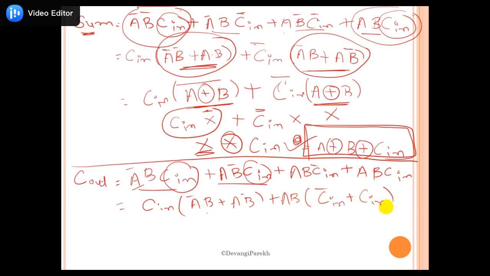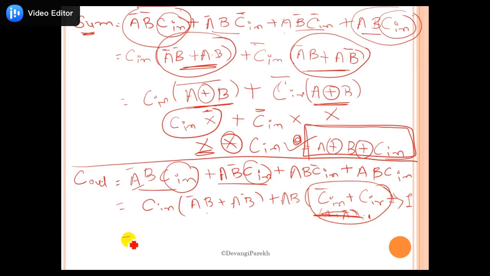If you remember this rule, if a variable and its complement are there, then it will result in 1. So here the output of this is equal to 1.